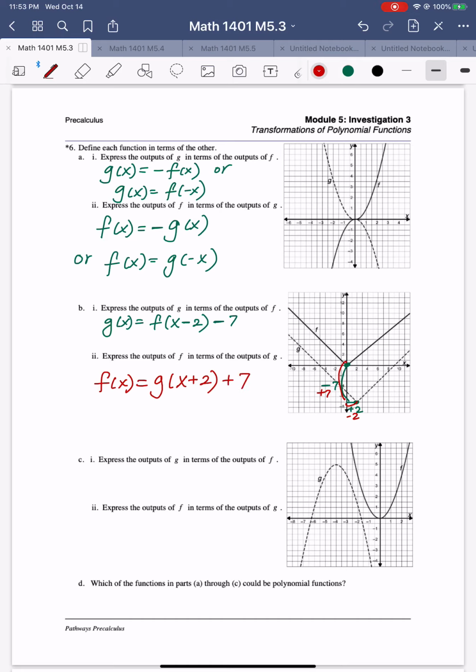For part C, express the output of g in terms of the output of f. There's some shifting.